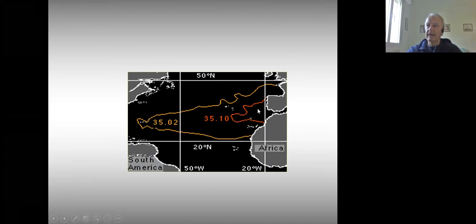And obviously, this water doesn't have a salinity of 38 anymore. It does have a lower salinity, but still higher salinity than the adjacent Atlantic water at that specific level. And you can see that this water reaches almost the Gulf of Mexico.